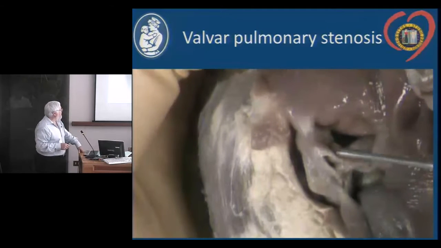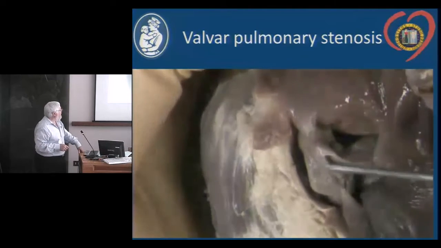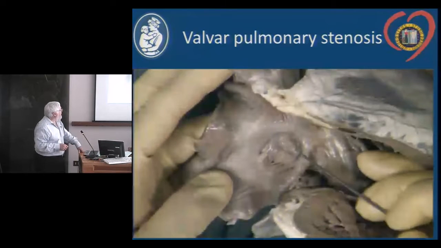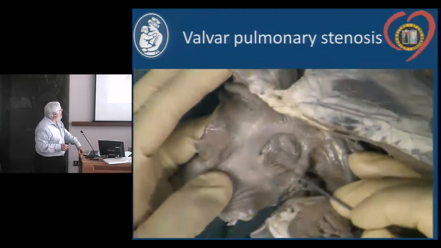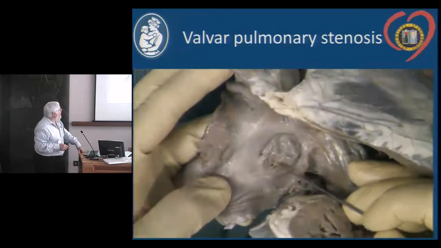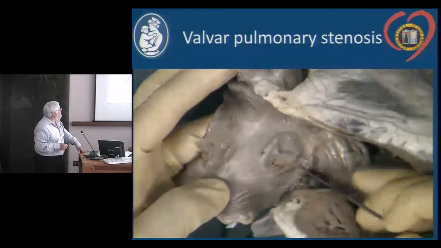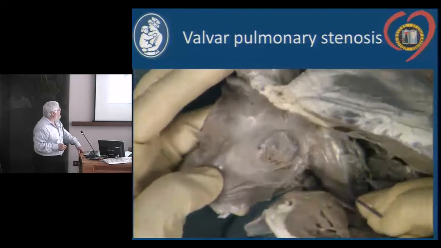So this is a typical acommissural or doming type of pulmonary valve without the peripheral orifice. Here the fossa ovalis in this case is pretty much intact. You can see there's no atrial communication in this patient.